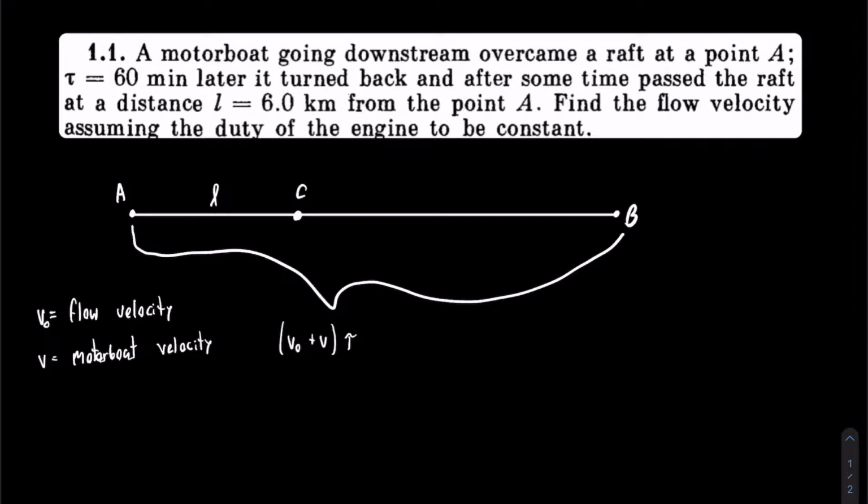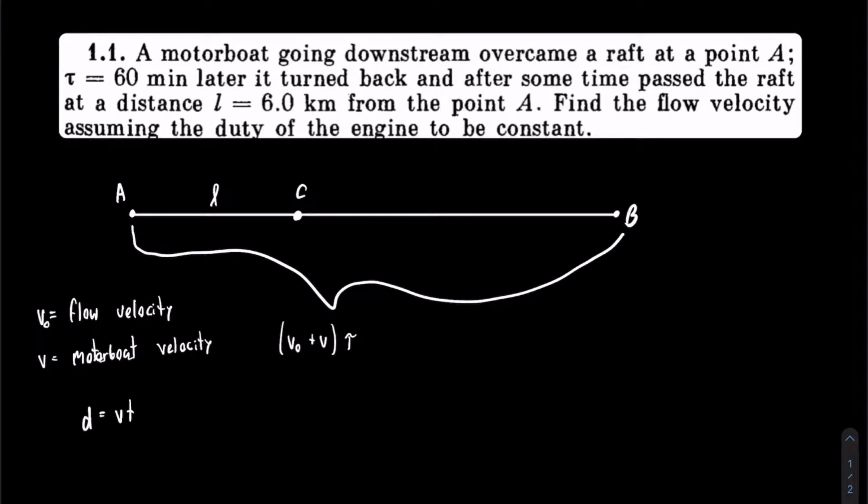So how did I get v0 plus v times tau? The very basic equation that relates distances with velocities and time is that distance is equal to the product of velocity and time. It is stated in the problem that while moving from point A to B, it takes the motorboat tau minutes to do so.